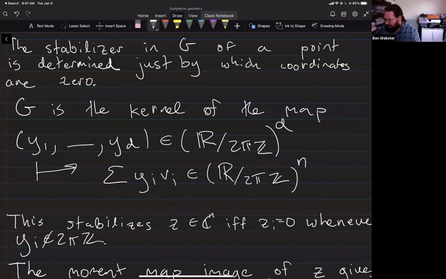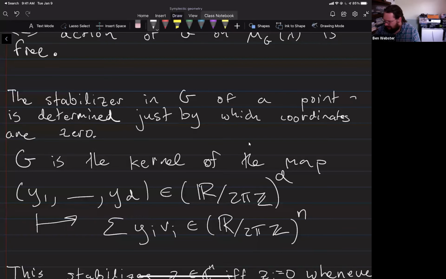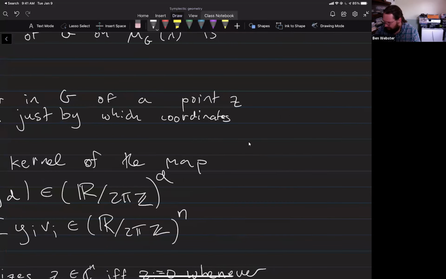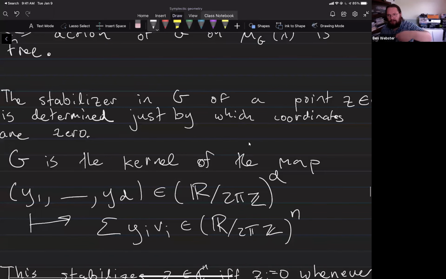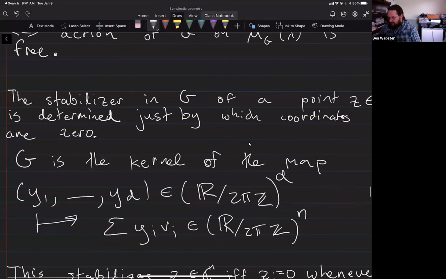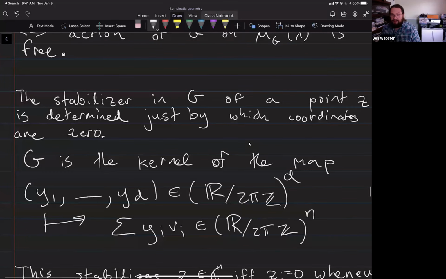So I'm thinking of a point Z in Cn. So G is acting by scalar multiplication of the different coordinates by some scalars. And so what the stabilizer is only going to depend on is which coordinates are 0, which coordinates are not 0.